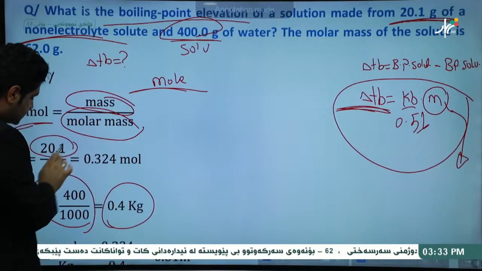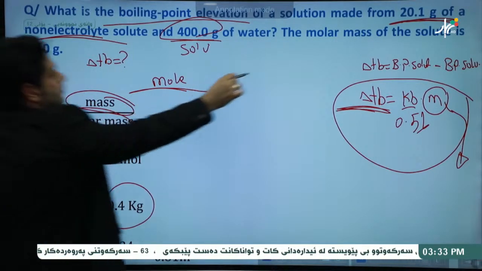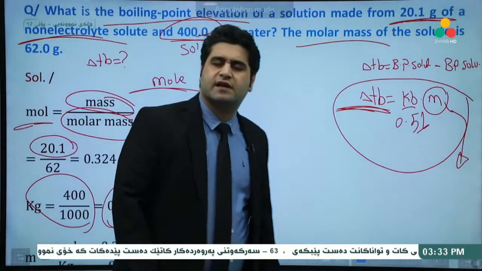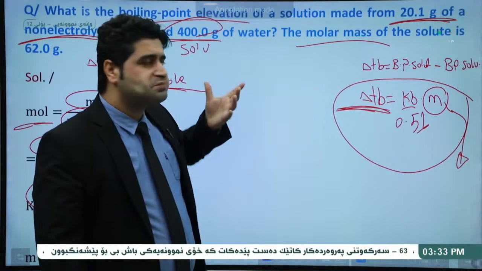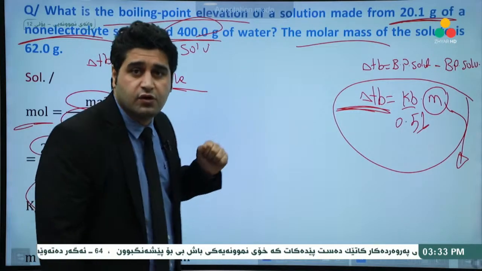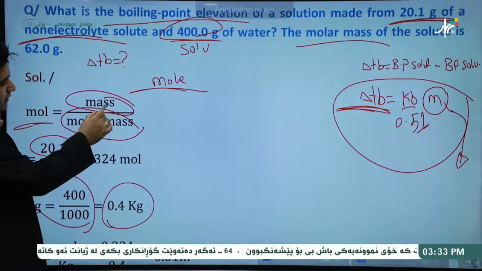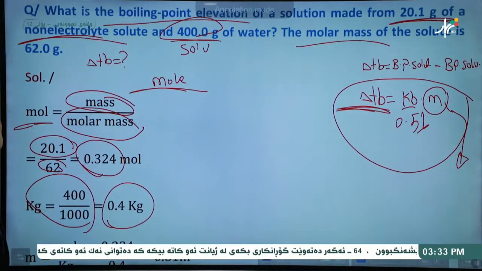We have the mass of the solute, so the molar mass should be given by the question. Molar mass is useful for getting the number of mole from gram. So mass over molar mass is equal to 0.324, the number of mole.